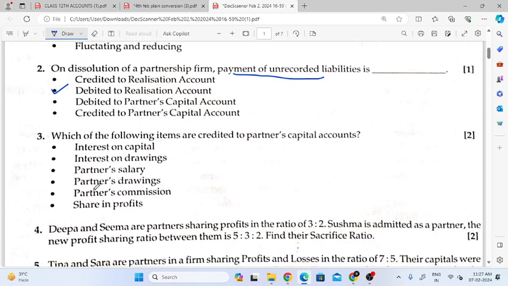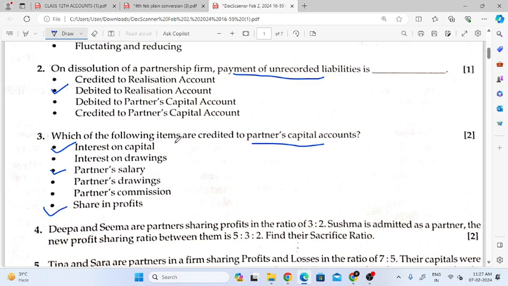Third question: which of the following items are credited to partners' capital account? With regards to partners' capital account, when we prepare it, these items are credited, such as interest on capital, partner's salary, partner's commission and share in profits.